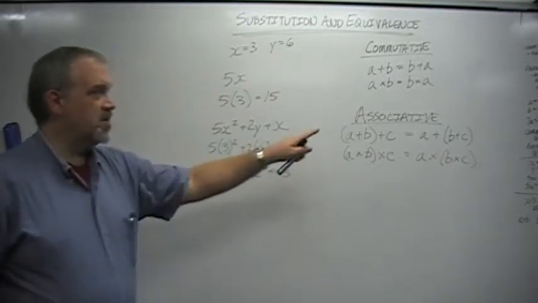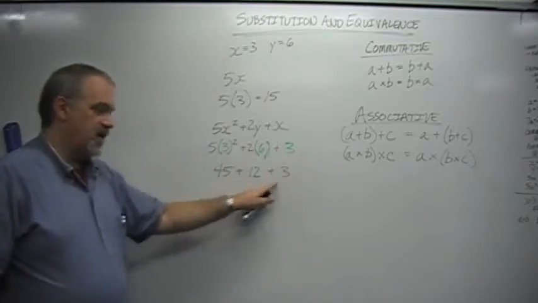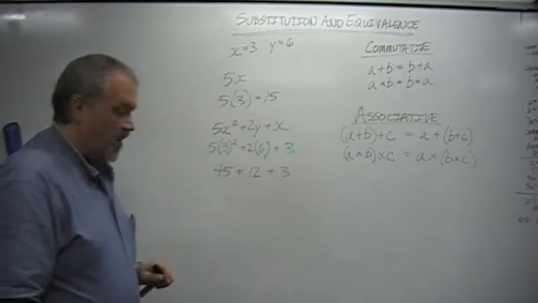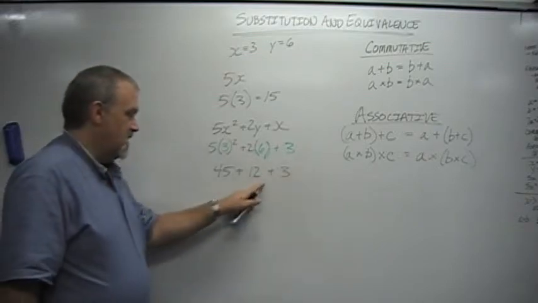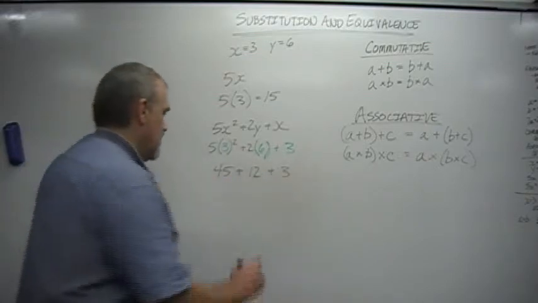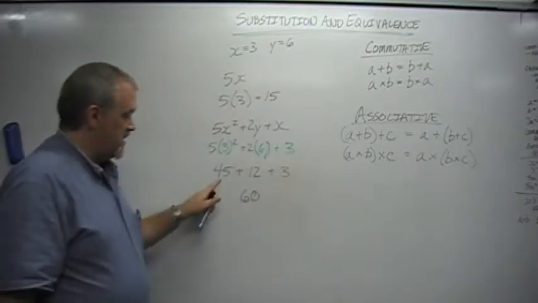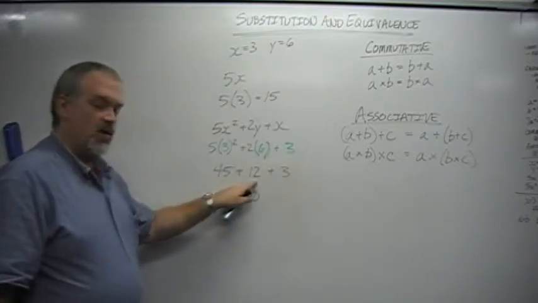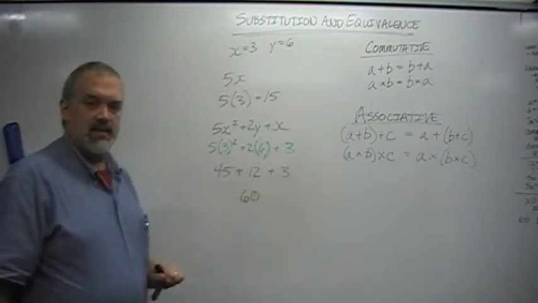Now remember our associative law and our commutative law: we can add these together in whichever order we want because they're all addition. So 12 plus 3 is 15, that's easy, and then 15 plus 45 gives me 60. If we wanted to, we could change that order and say 45 plus 12, which is 57, and then add 3 to that and we get 60.